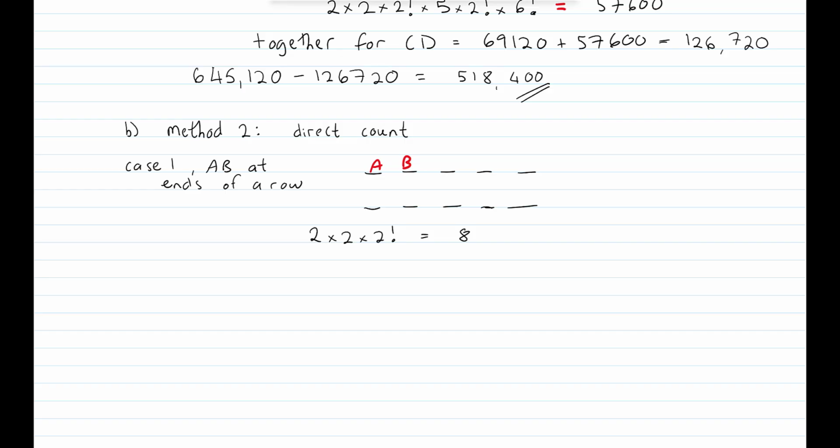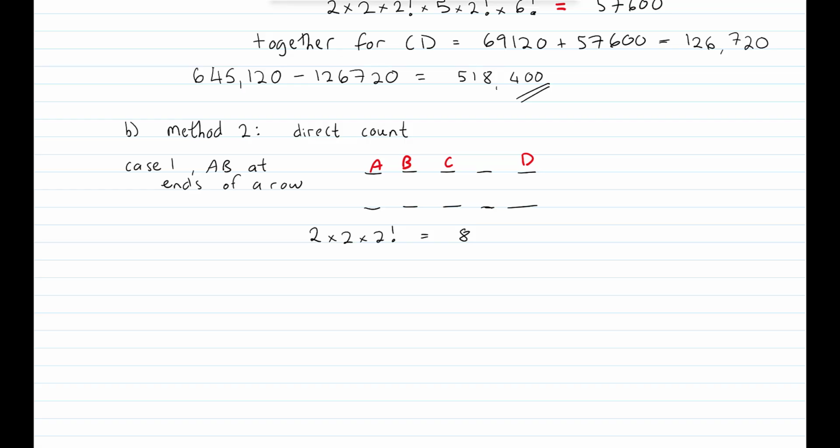Now, for C and D, we can either have at least one of C and D in the same row as A and B. So I can have both of them. That's at least one. That's more than one. So I can have them like that. So that is one way. Okay, so we'll start writing this up.